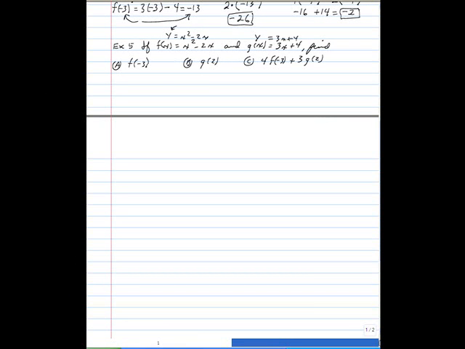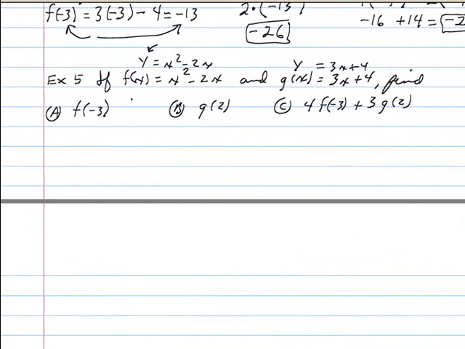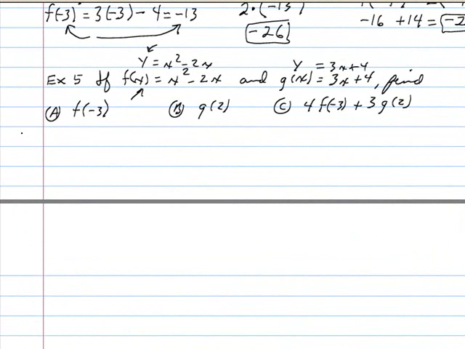We want to know f of negative 3, so we're going to write f, this function, with empty holes. So I'll write f of empty hole equals empty hole squared minus 2 empty hole, and I'll plug negative 3 in the empty holes. So here I get f of negative 3, negative 3 squared, negative 2 times negative 3. Well, negative 3 squared is 9.